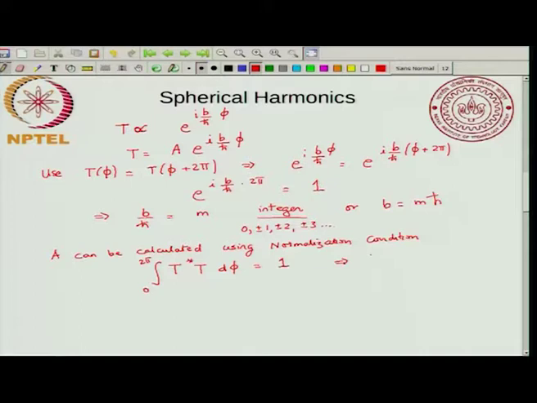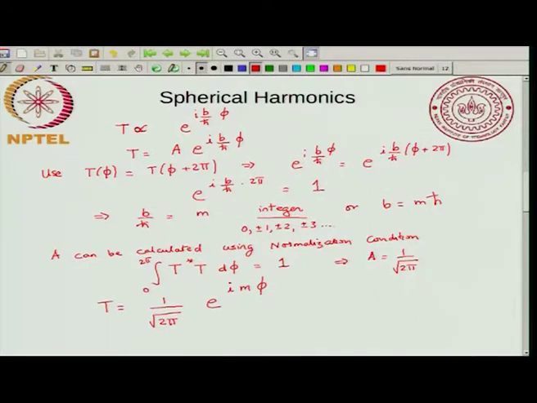You can easily show that A is equal to 1 by square root of 2 pi, because the complex conjugate of t is just this with a minus sign, e to the minus i b by h bar phi. So with this I can write t is equal to 1 by root 2 pi e to the i m phi.